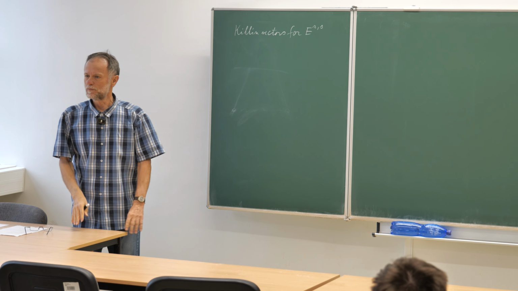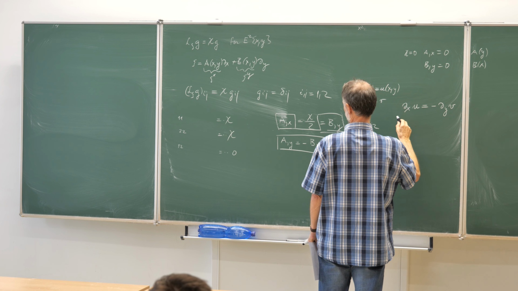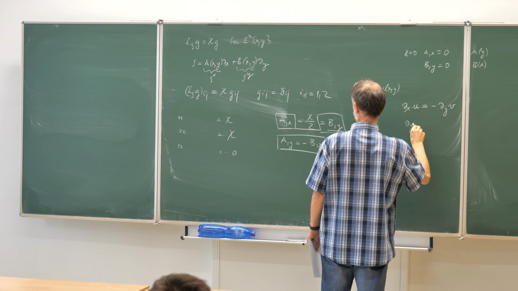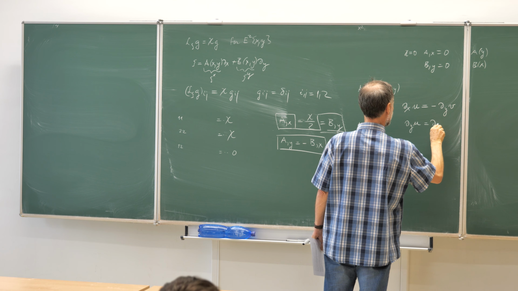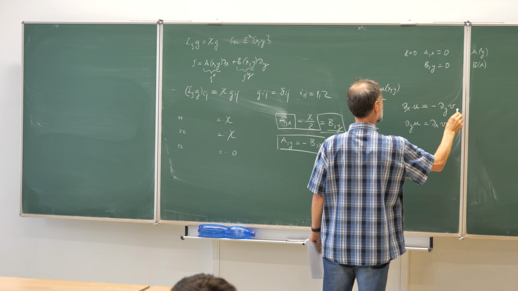Especially when you write a(x,y) you denote it as u(x,y), and b is v, then the derivative with respect to x of u equals the derivative with respect to y of v, and the derivative with respect to y of u is minus the derivative with respect to x of v.